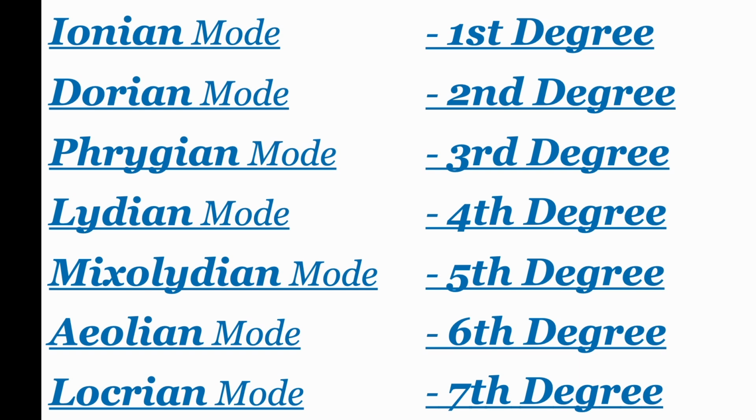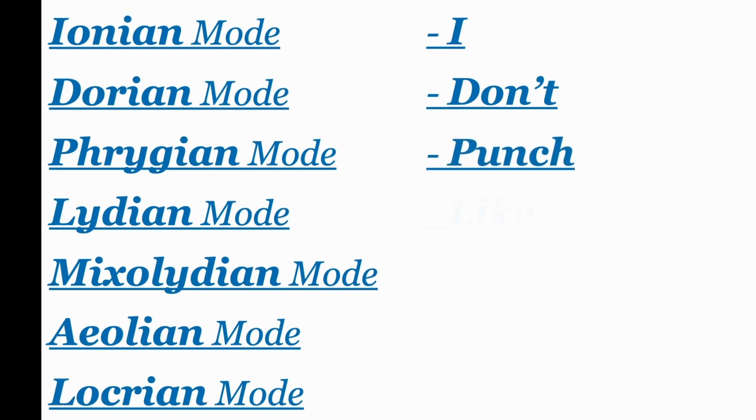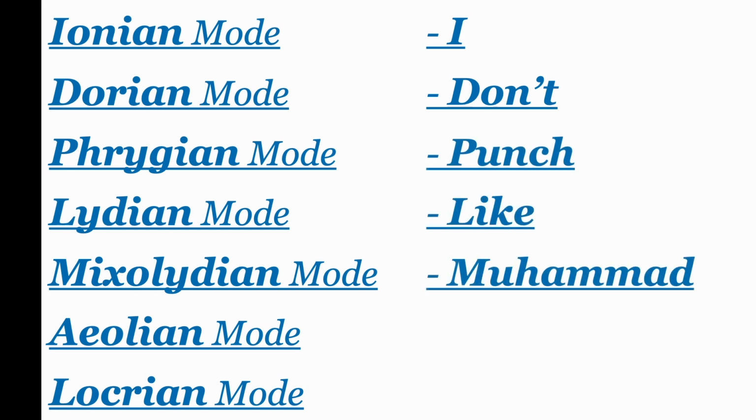So because of that, there are some catchy phrases to remember the order of these modes. The phrase that I like to use is "I don't punch like Muhammad Ali," and I kind of double with that L, and that gives me a good idea on memorizing the modes.